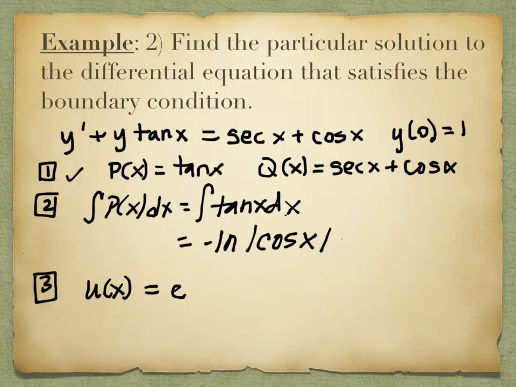We do e, and then it's to the power that we had in step 2. So e to the negative natural log of cosine of x. Can that simplify? Yeah, it can. But we need to move something. What do you want to move? Negative. Okay, so where's this negative going to move, Cameron?